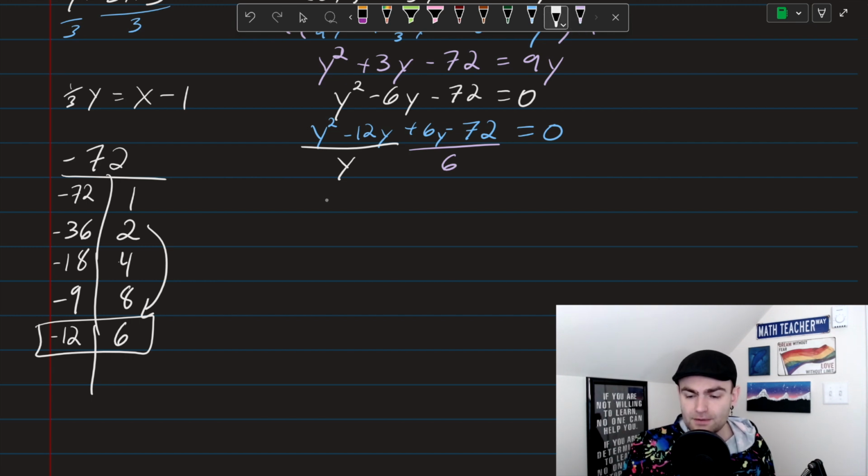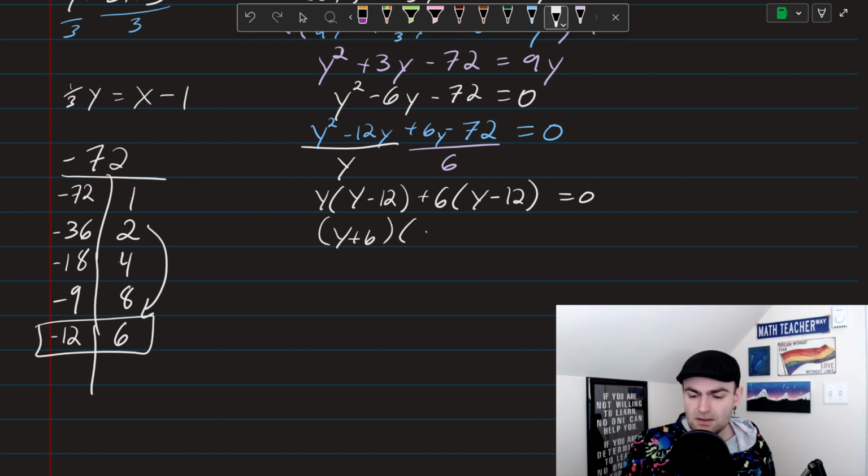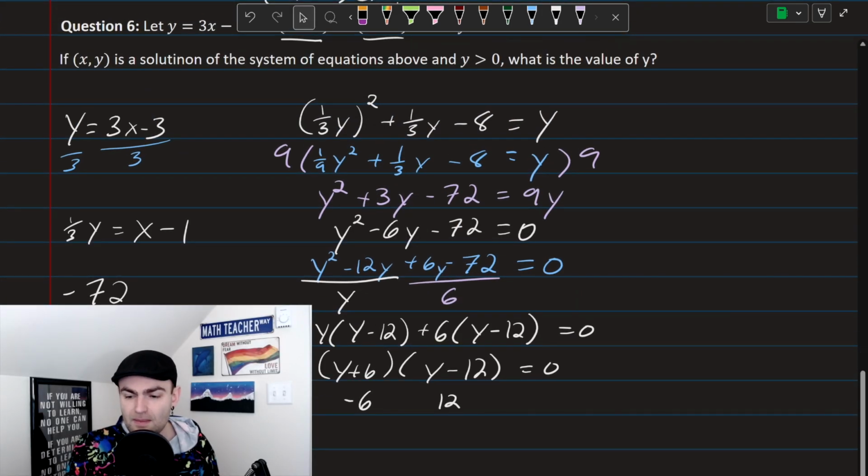So I have y times (y minus 12) plus 6 times (y minus 12, since 72 divided by 6 is 12) equals 0. I have (y plus 6)(y minus 12). So that means my two solutions are negative 6 and a positive 12. And I want the positive solution, so my answer would be 12.